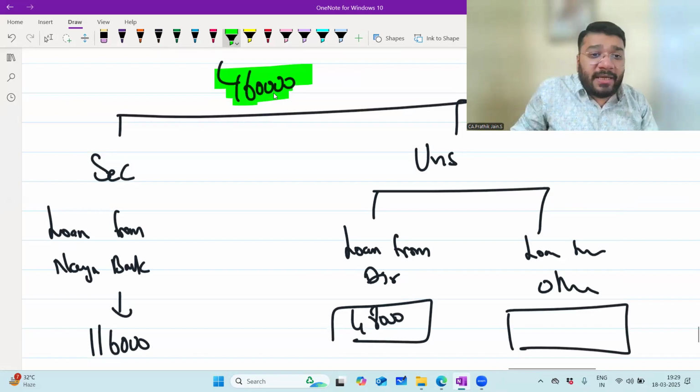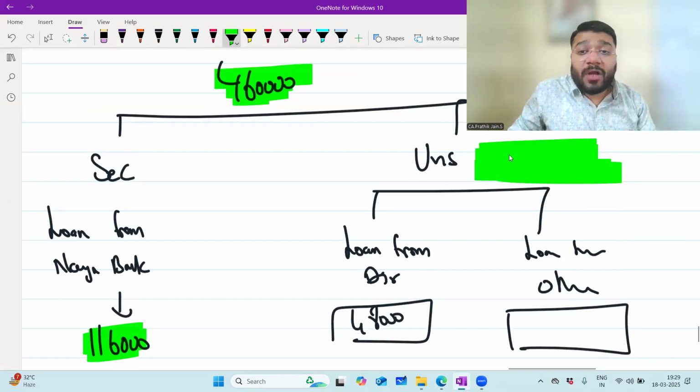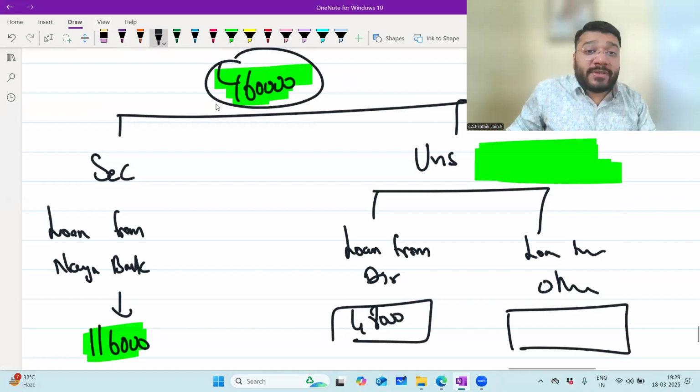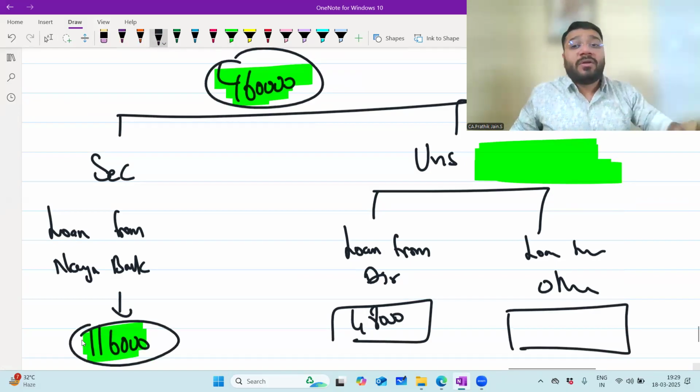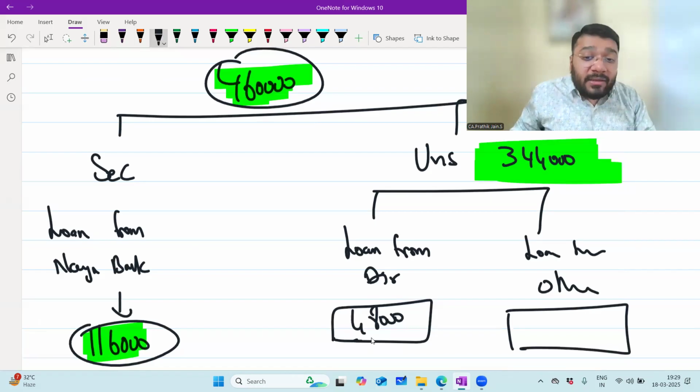Out of 4,60,000, if 1,16,000 is secured, how much is unsecured? 4,60,000 minus 1,16,000, 3 lakh 44,000. Total unsecured is 3,44,000. In that, if 48,000 is loan from director, how much is others? 2 lakh 96,000.